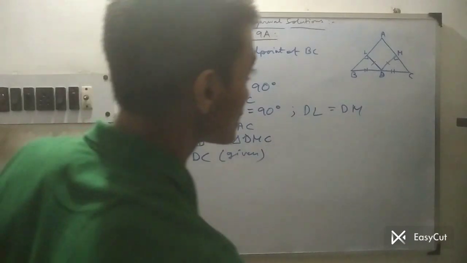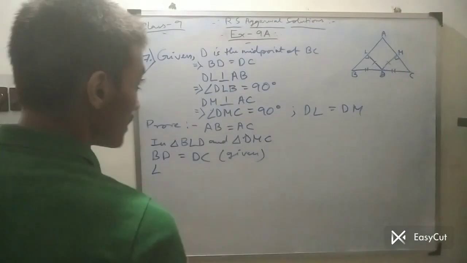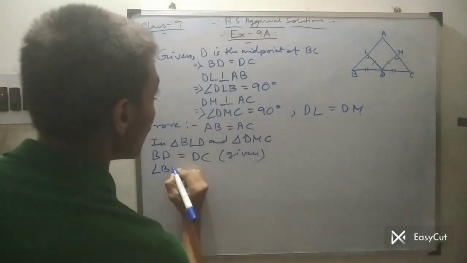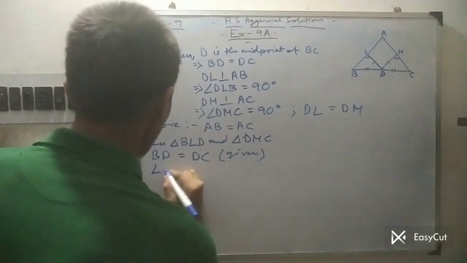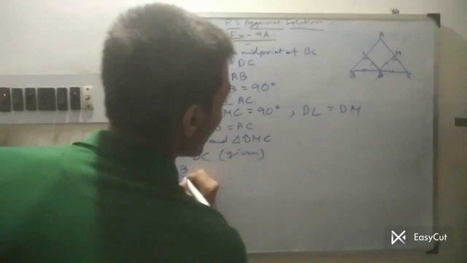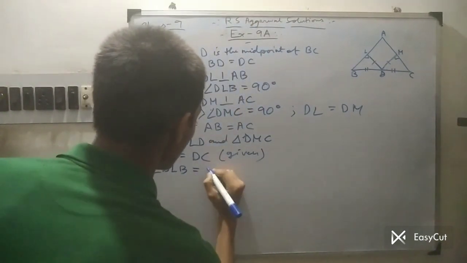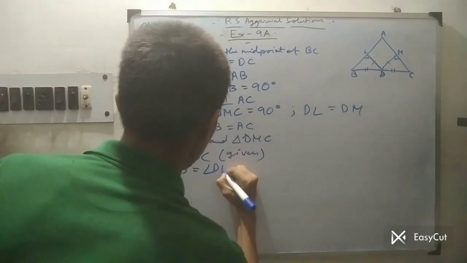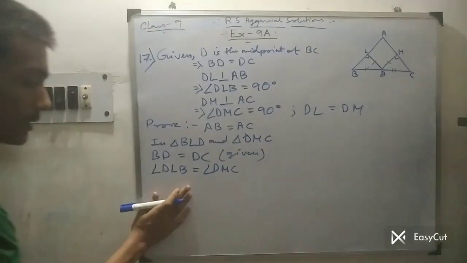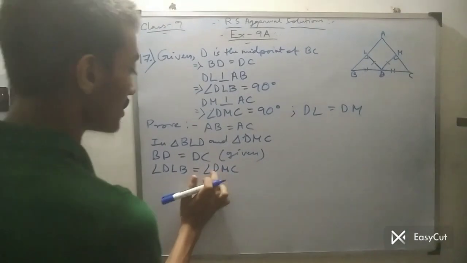And the next thing which is given to us is angle DLB is equal to DMC, or you can write BLD or CMD, whatever.